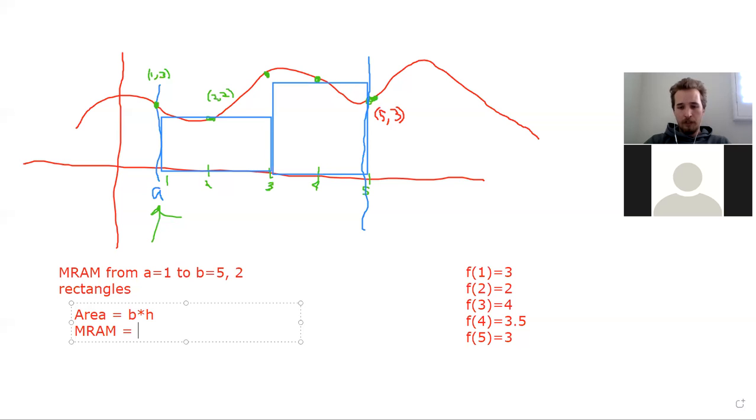Remember, we have a different width now. Yeah, 2 times 2? Do we agree with David on both?